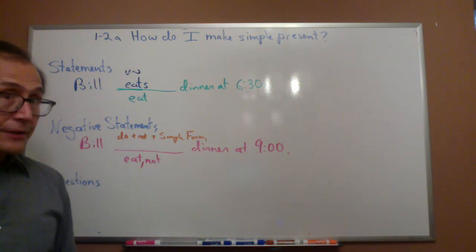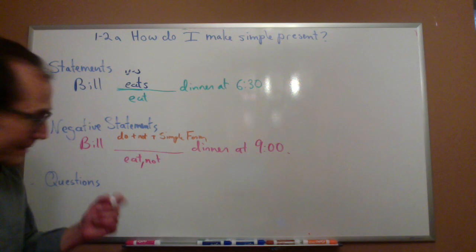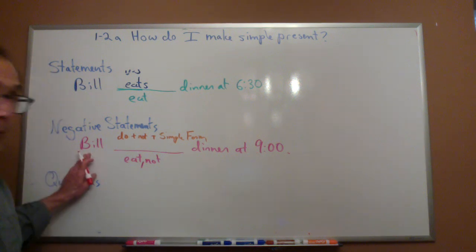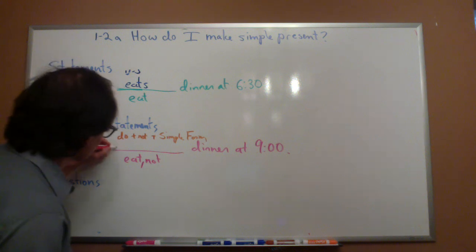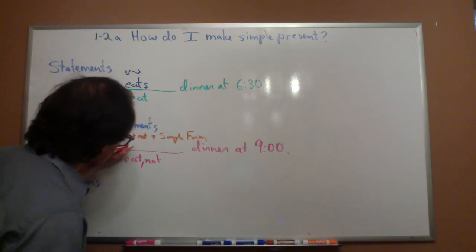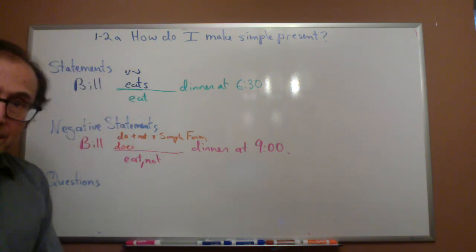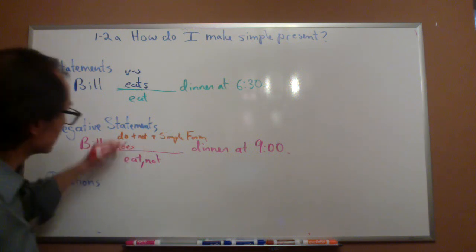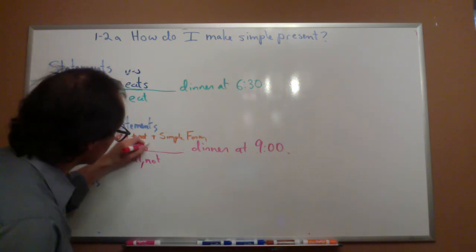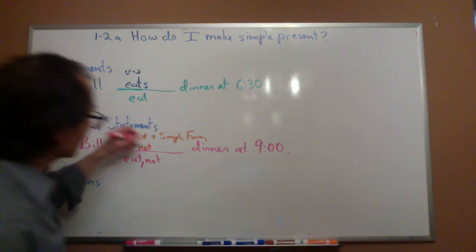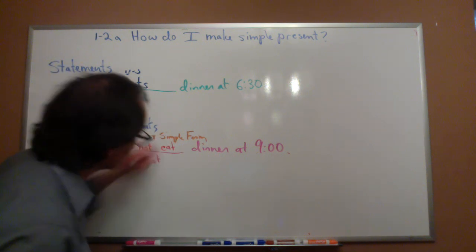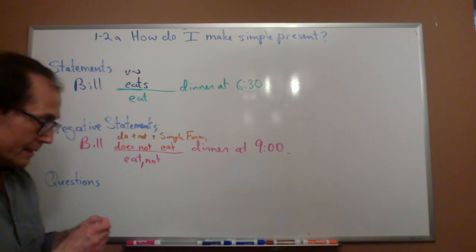Take a minute and think if you need it. Now, you probably know when I use he, she, it, the form of do I use is does. So I'd say Bill does. And then I have not, does not, and then I have simple form of eat. Bill does not eat dinner at 9.